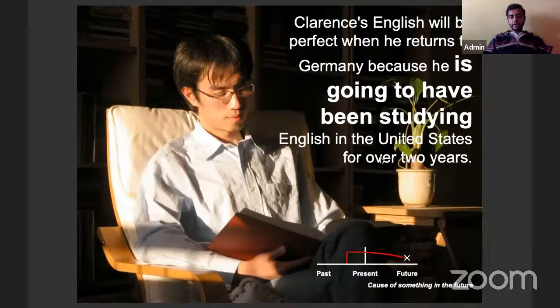So again, you use future perfect continuous to describe the cause of something in the future. So something is Clarence having perfect English in the future because he is returning to Germany in the future. And what was the cause of him having perfect English when he returns to Germany in the future? The cause is he studied English in the United States for over 2 years.